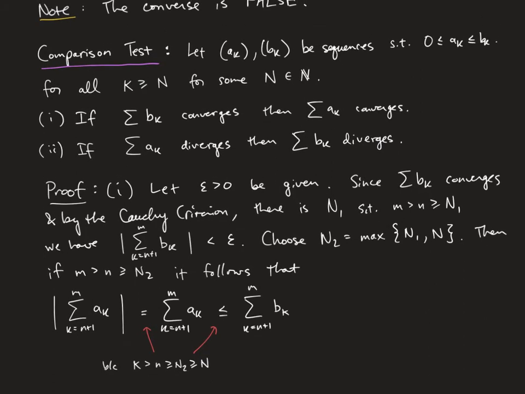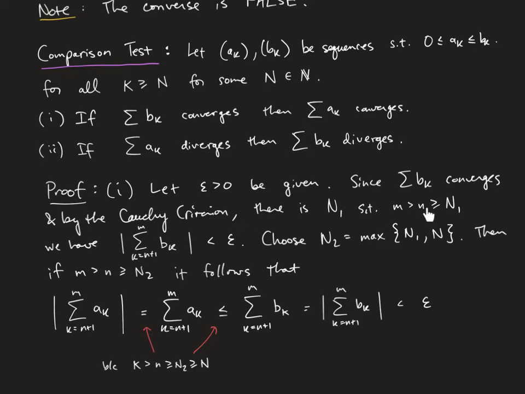And then the sum of b_k is equal to the absolute value of the sum from k equals n plus 1 to m of b_k, again because the b's are all positive, and that is less than epsilon because of this inequality here, right?